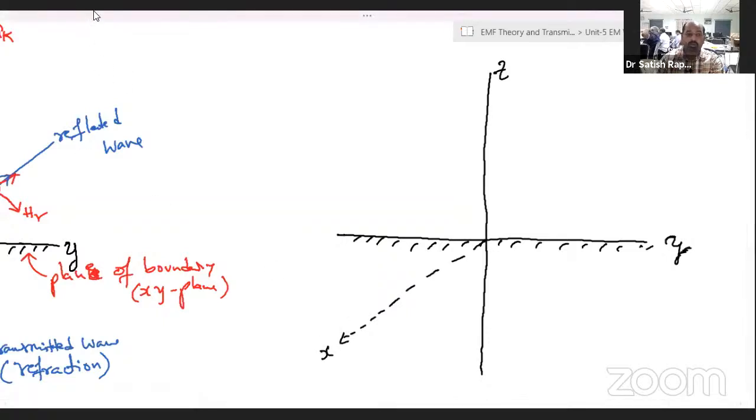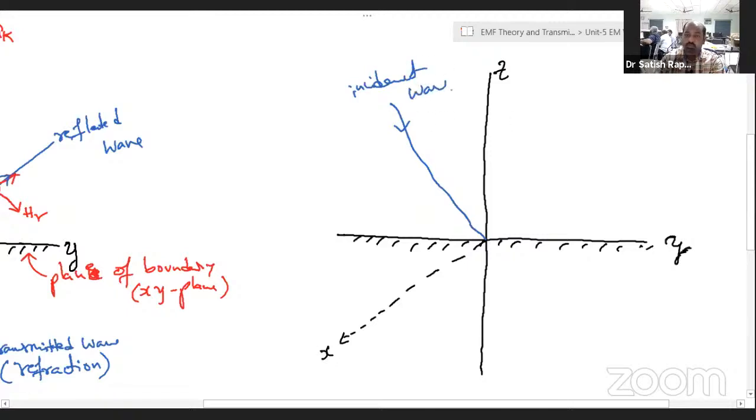So now the wave is traveling like this, and this is the incident wave. This is the angle of incidence theta 1, and it reflects back.